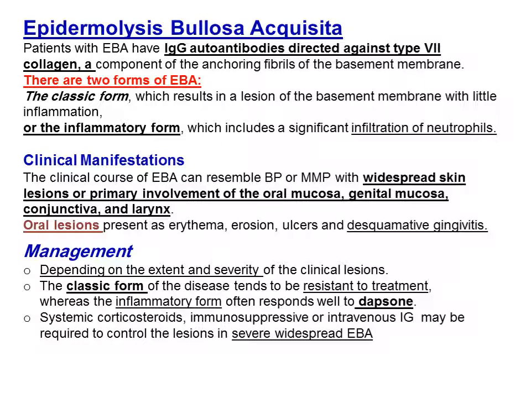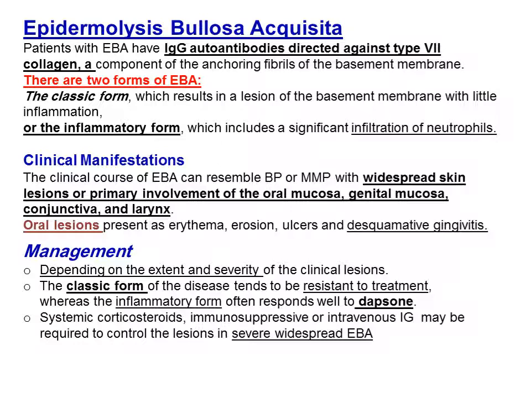This collagen is a component of the anchoring fibers of the basement membrane. There are two forms of the disease: the classic form, which results in a lesion of the basement membrane with little inflammation, or the inflammatory form, which includes a significant infiltration of neutrophils.